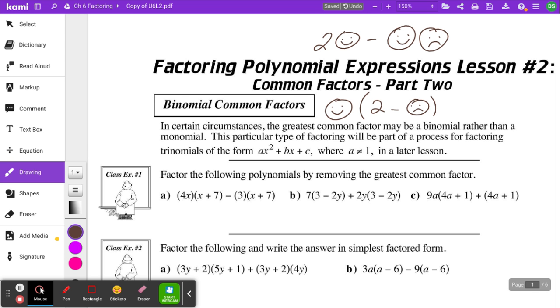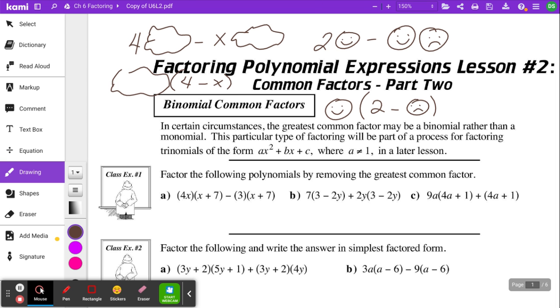Okay, you picking this up yet? It could be 4 blobs minus x blobs, and the part that you have common is a blob. So when you remove the blob, you would multiply it by 4 minus x. I don't care what that stuff is. If it's common to both, you can remove it like we always do.